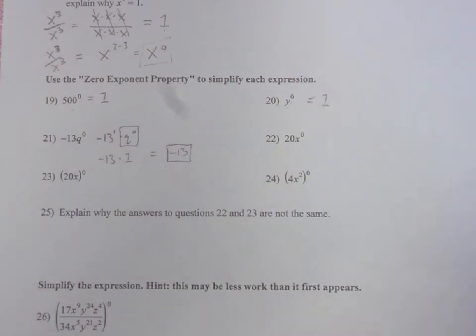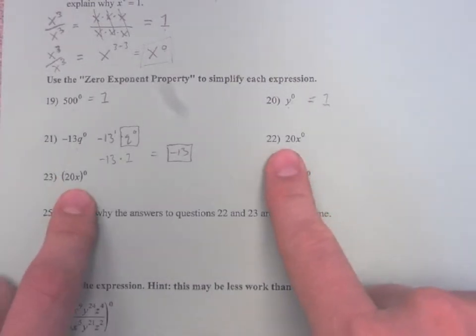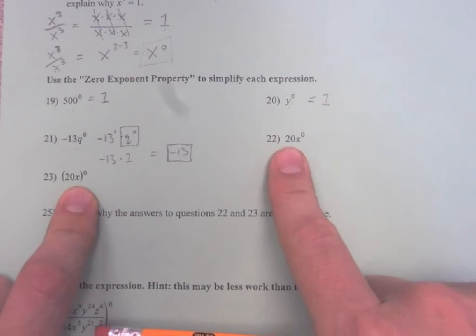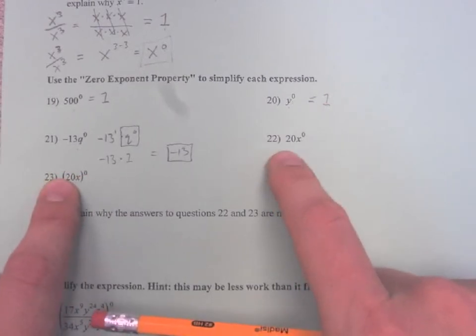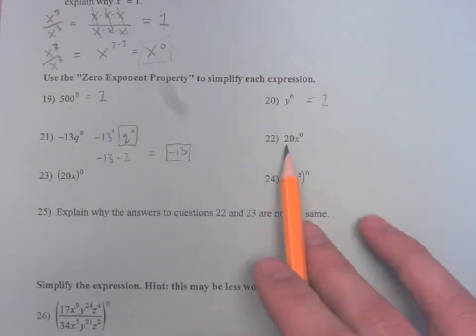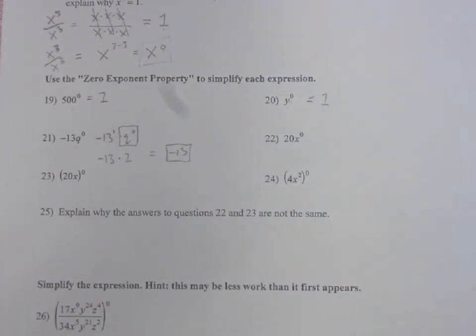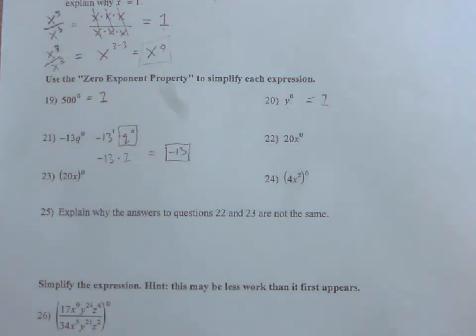All right, now if you take a look at 22 and 23, they actually look really similar. But take a minute to consider what the differences are. Obviously this has parentheses, and this one doesn't. And the parentheses create a grouping. So in problem number 22, the 20 is not being raised to the 0 power.